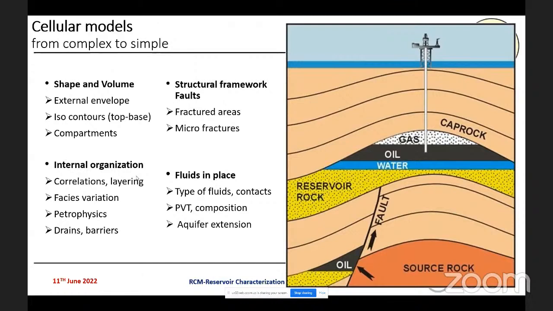Also correlation well by well, well to well, and also wells to outcrop. Sometimes you can correlate the wells to outcrop if there is an exposure of the reservoir nearby the field. Also facies variation in different trends, lateral and vertical, and their association with petrophysics. Also the presence of diagenesis structure, microstructure related elements such as drains and barriers.